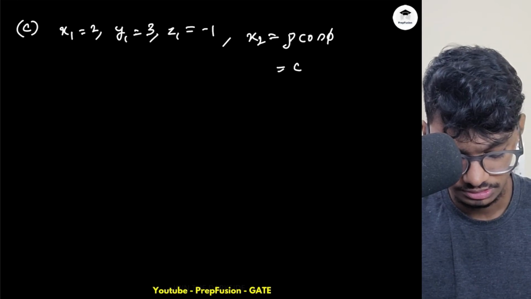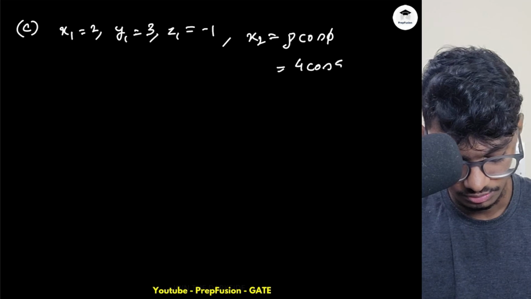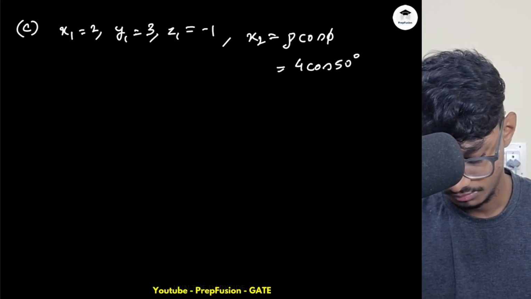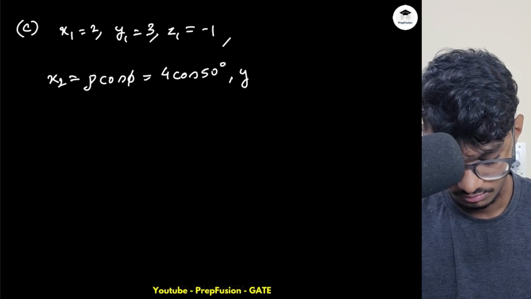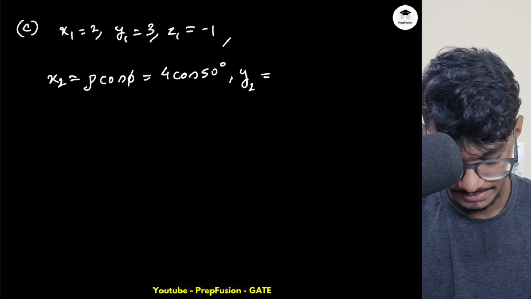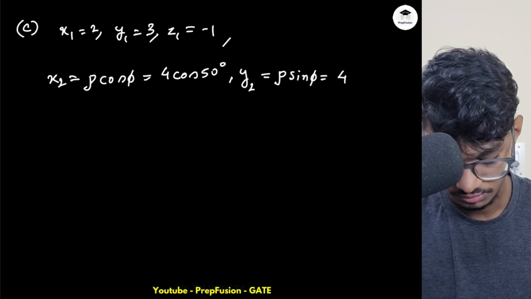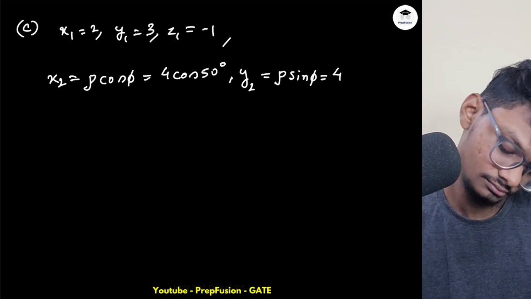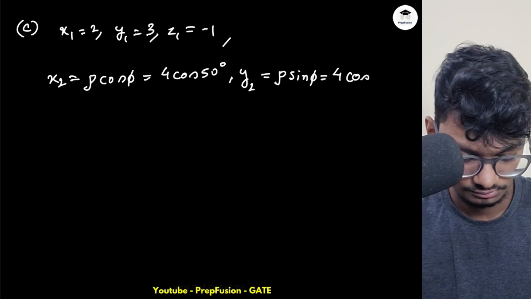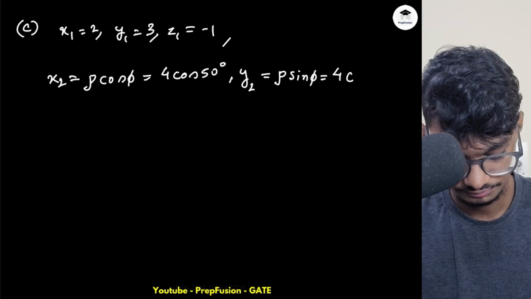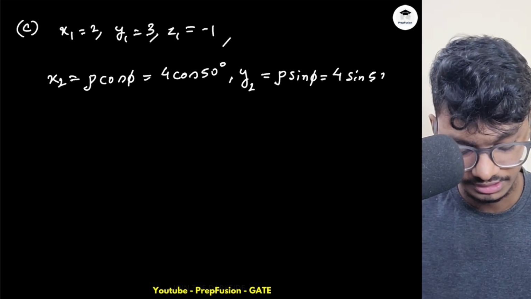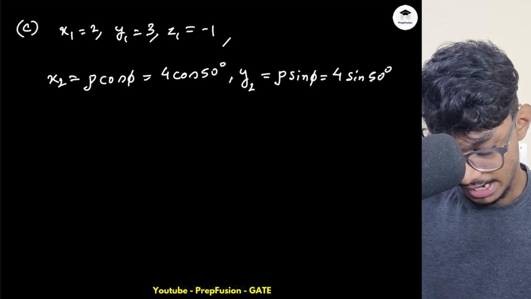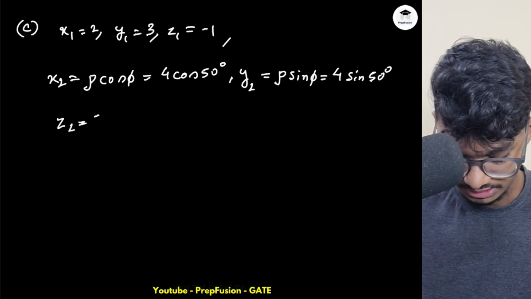So this is not 60, it is 4 cos 50. y2 is rho sine phi, that is 4 sine 60. I haven't yet taught you this point conversion, but this is simple, we have learned it previously. And z2 is simply 2.